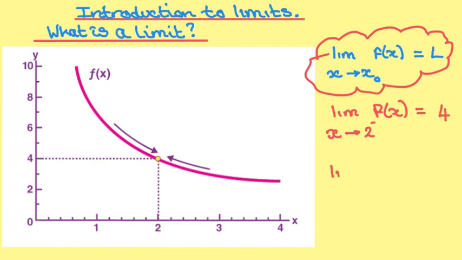Also, the limit as x gets closer to 2 from above, so we put a plus, of f of x, is equal to 4. In order for a limit to exist, you must come from below and above to reach the same limit. Let's look at some typical questions.